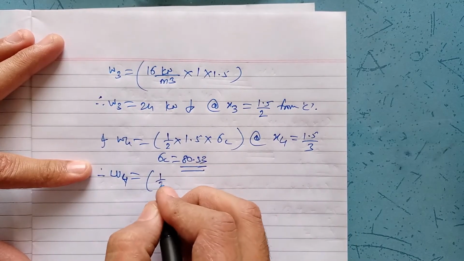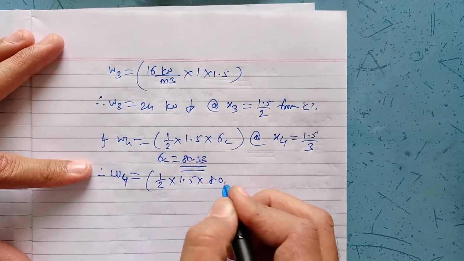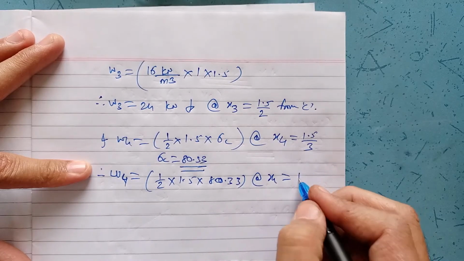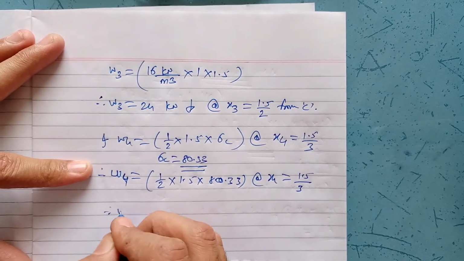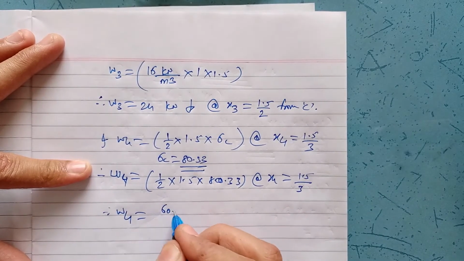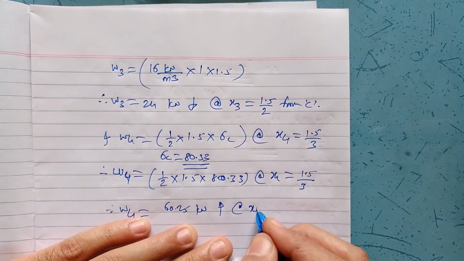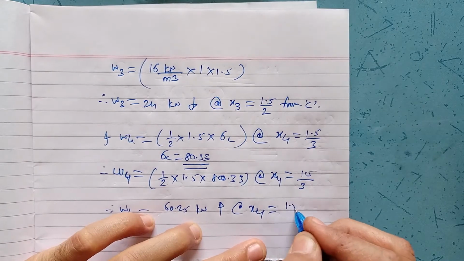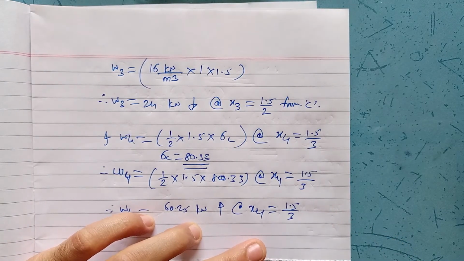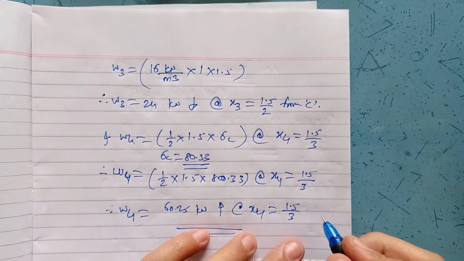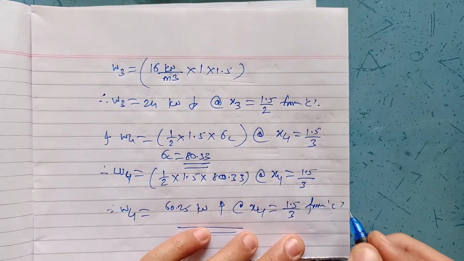Substituting this value of sigma C, we get W4 as 60.25 kilonewton upward acting at x4, that is 1.5 divided by 3. Since this is triangular loading, the CG of W4 will be at base by 3 from the apex, that is 1.5 by 3 from C.